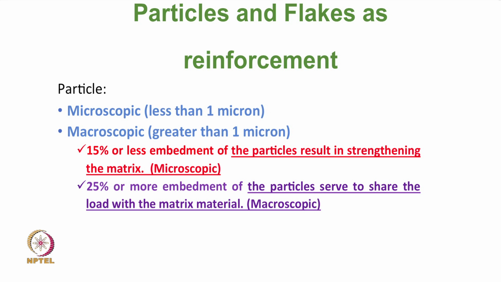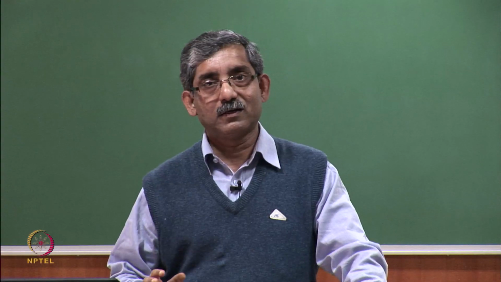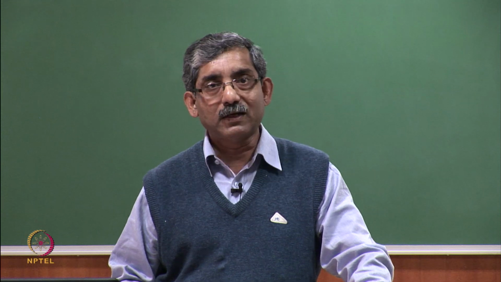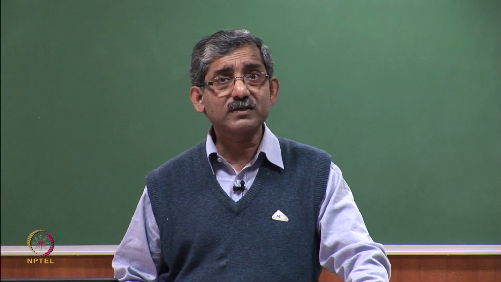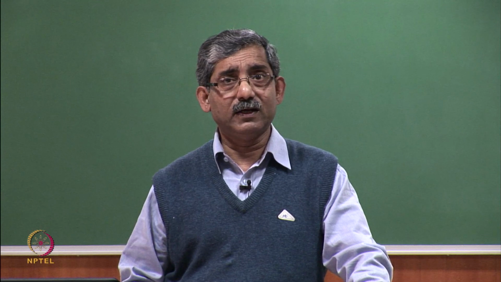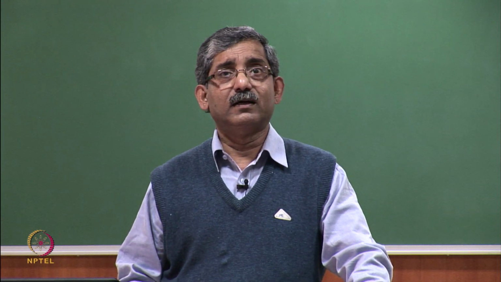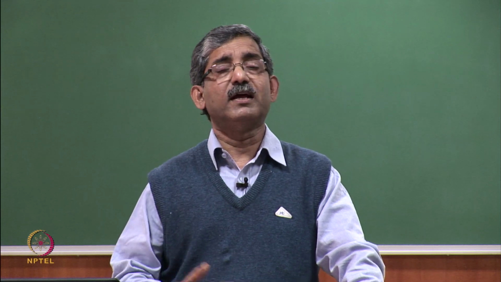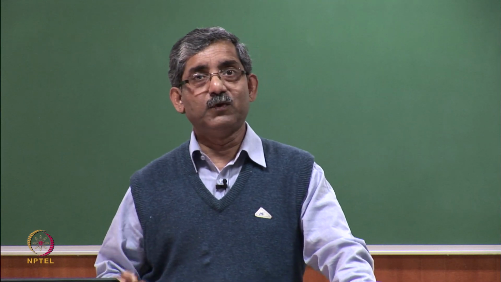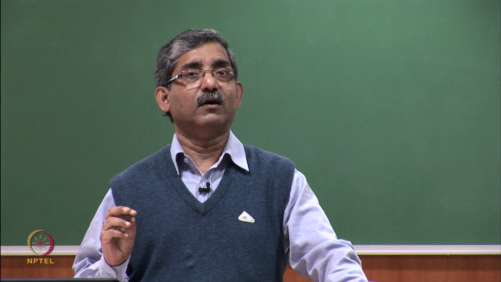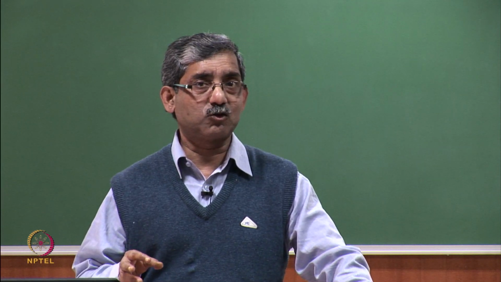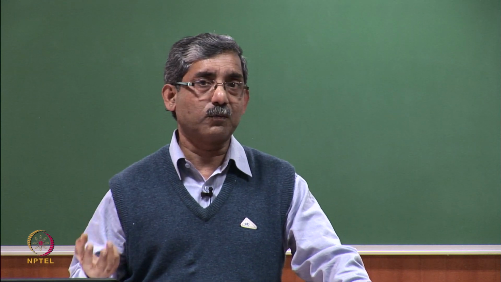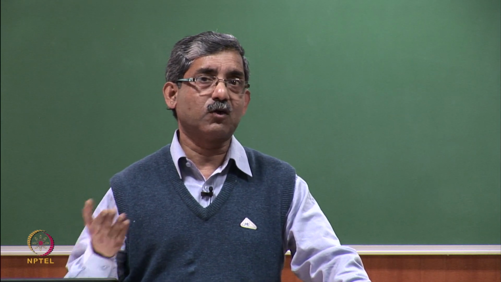So, if we use more than 15% of a larger quantity of lower size, microscopic particles, then there will be agglomeration and strength utilization will not be there. So, if we use particles of microscopic size, we must use them in a lower proportion, 15% or less.